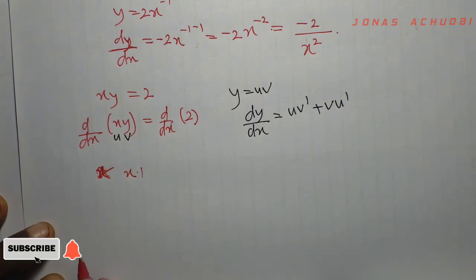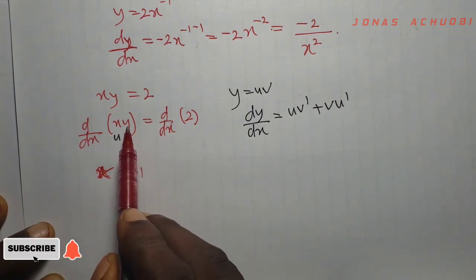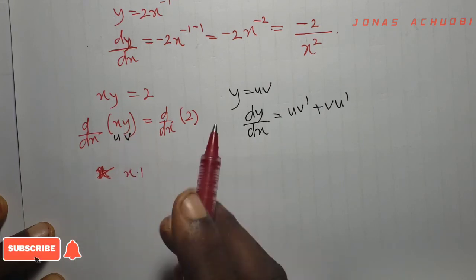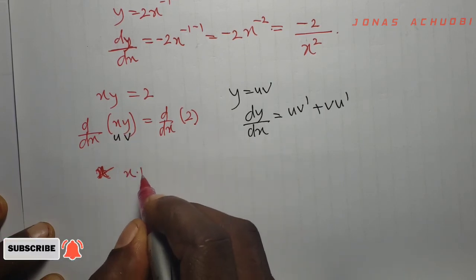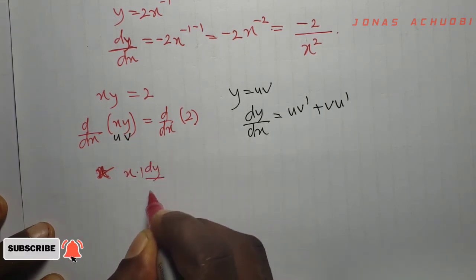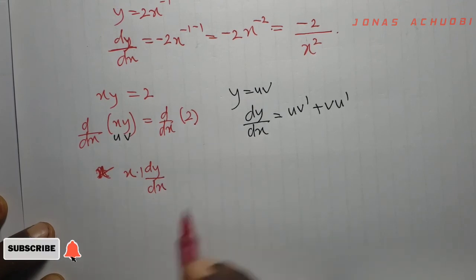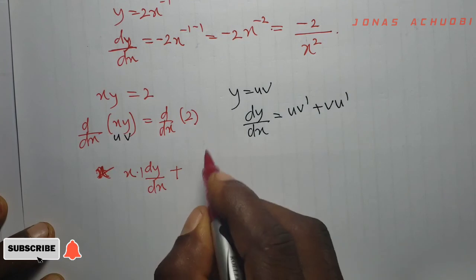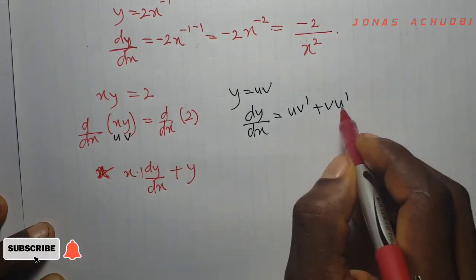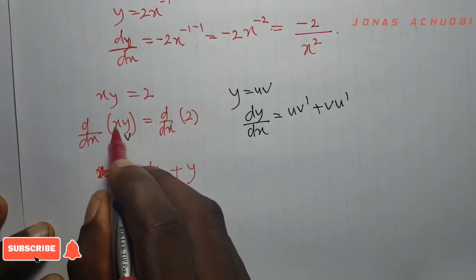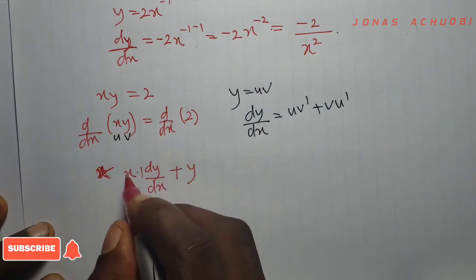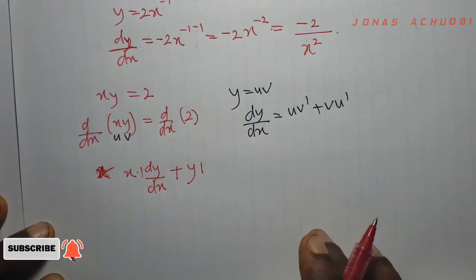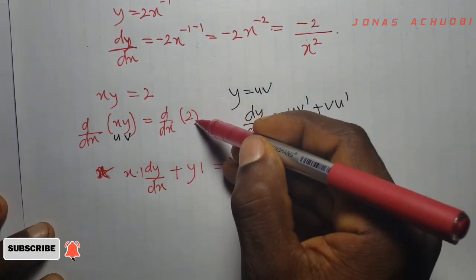But recall that since this is a function of y, we multiply the derivative by dy over dx. Plus v, we keep v, which is y, then u prime, we differentiate u, and u is x. When we differentiate x, we get 1, equal to the right hand side.